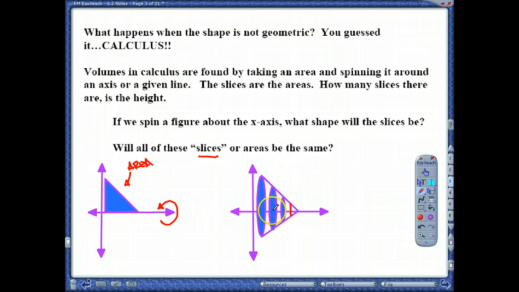But that's okay, because if I go from the x-axis out, that's going to be the radius. That radius is just that function. So that function was f of x. So that radius changes, so that means I'm going to be using a function so that my radius can change.